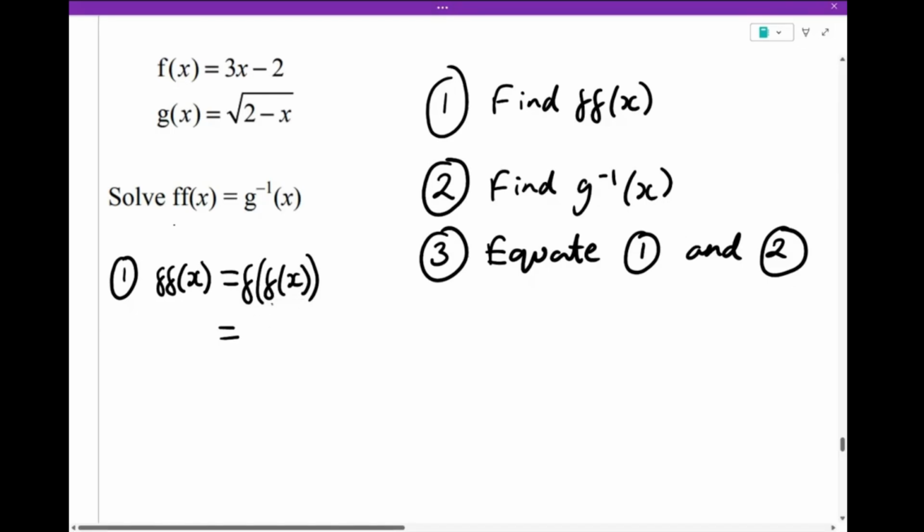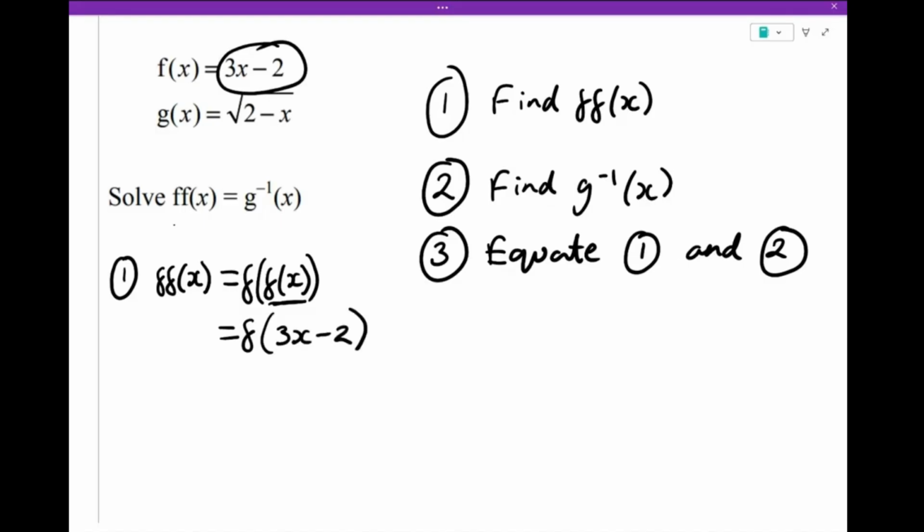So I'm going to replace the f of x here with what it's equal to, which is 3x subtract 2. So I would have f of 3x take 2. And then it's very clear what I need to do. I need to substitute 3x take 2 into f of x. So wherever there's an x in f of x, I'm going to replace it with 3x subtract 2. So I'm just going to put brackets around all the x's. There'll be a bracket here and a bracket there, and that's my only x.